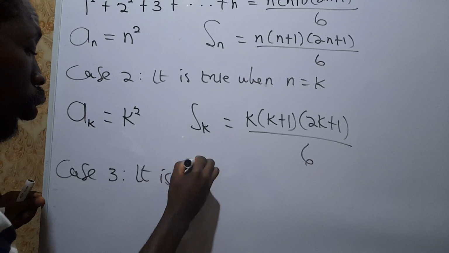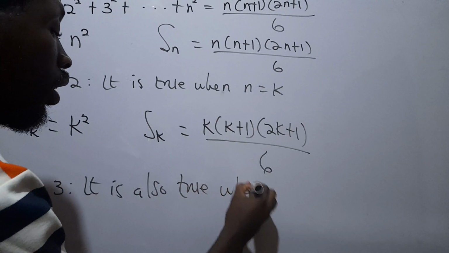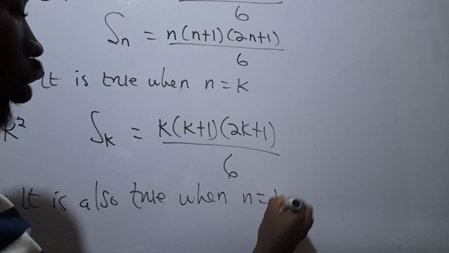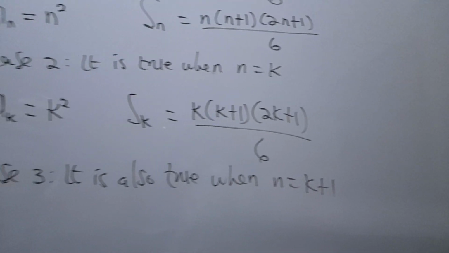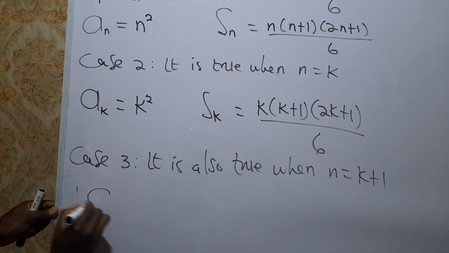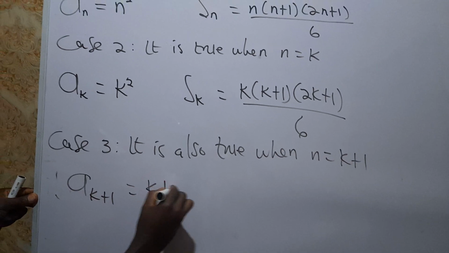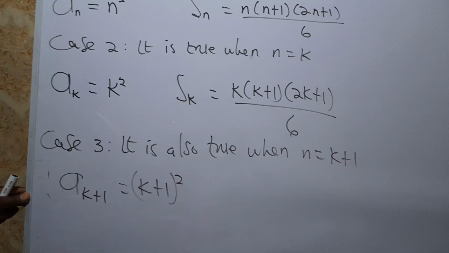Then case 3: it is also true when n is equal to k plus 1. So what are we having? Our a_(k+1) will be equal to (k plus 1) all squared.